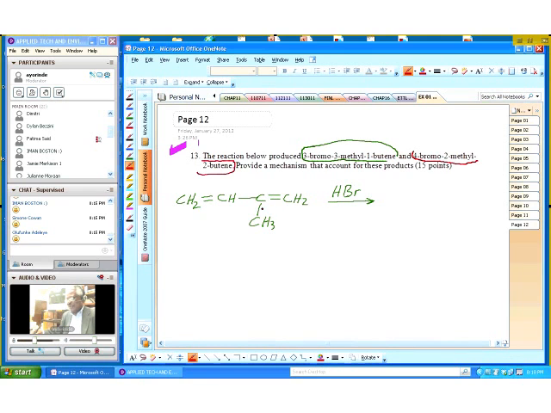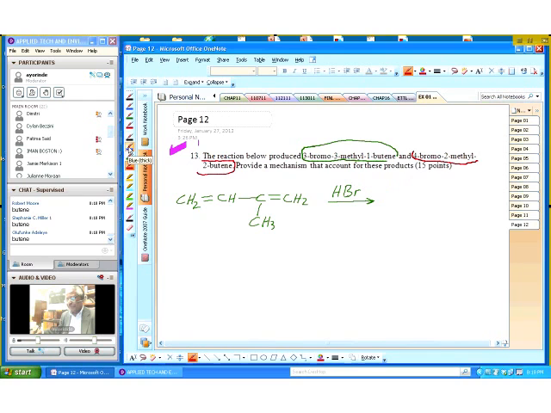These are the 2 products. This is the reaction right here, and these are the 2 products. So let us write the first product, 3-bromo-3-methyl-1-butene. What is the base name here? Butene.